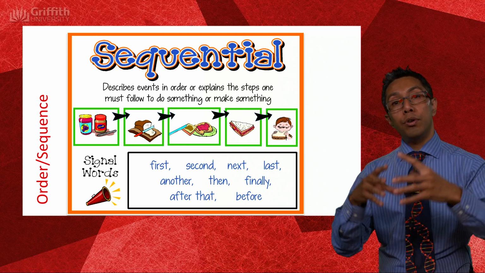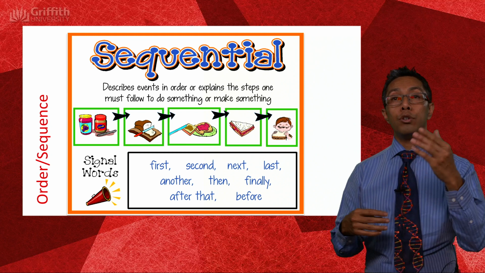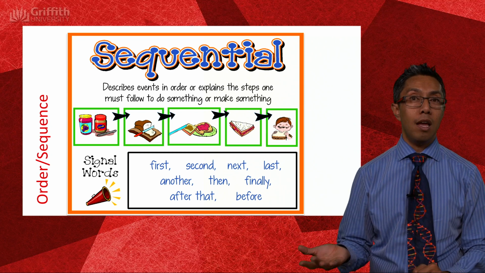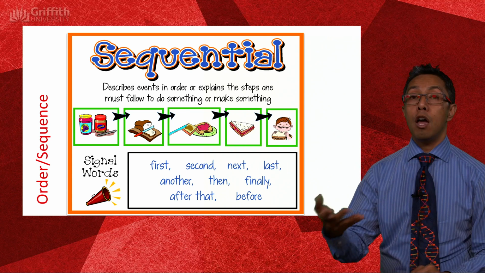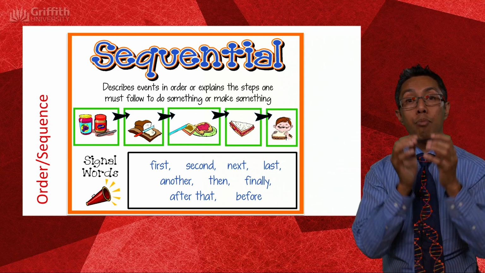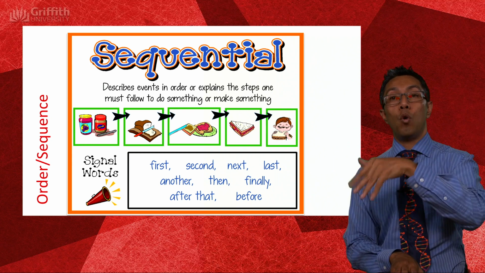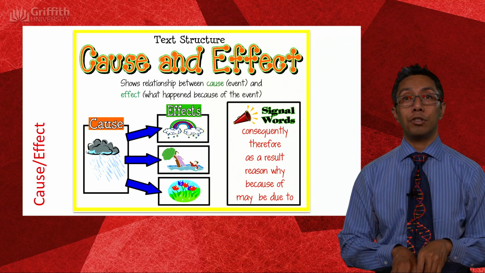Okay? Those pieces of text are best re-represented using a flow diagram. So you can see there a flow diagram of making peanut butter and jelly, but it could just as easily be mitosis. It could just as easily be protein synthesis. Okay, so when you have processes, know that you've got order and sequence. So therefore, a flow diagram is the most appropriate thinking tool.